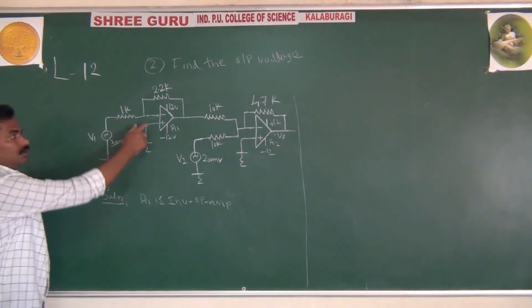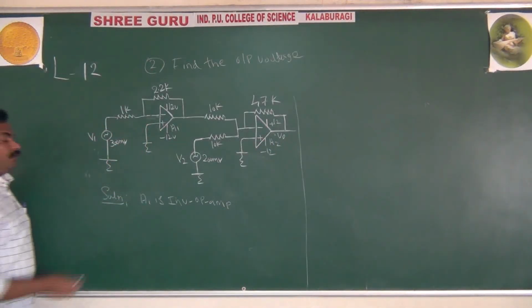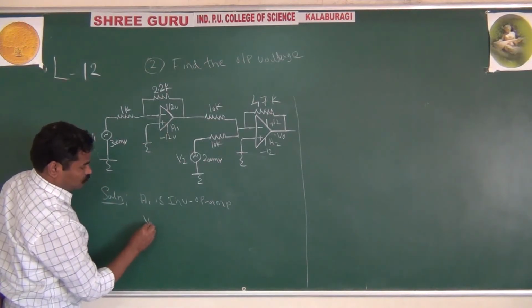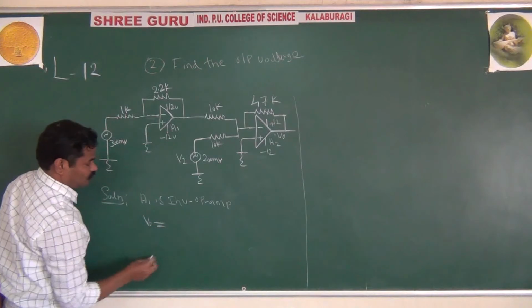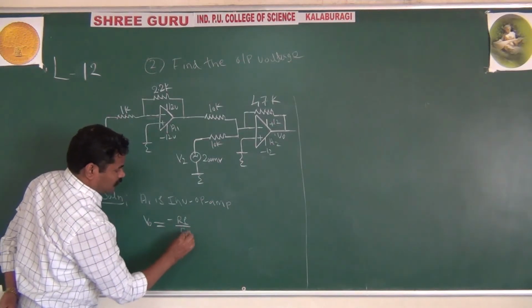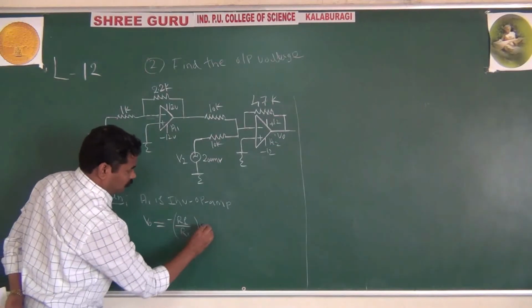Our A1 acts as an inverting amplifier, and we know its gain. The output voltage is nothing but minus Rf by Ri into Vi.